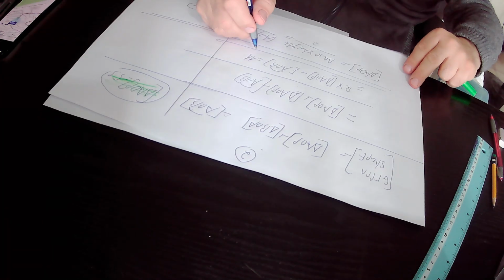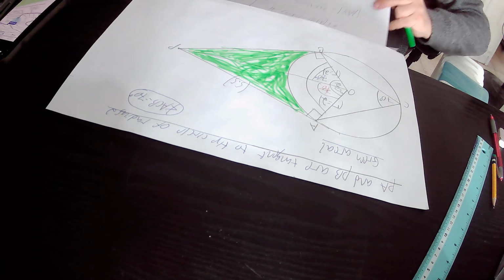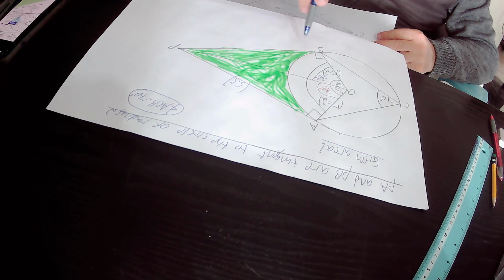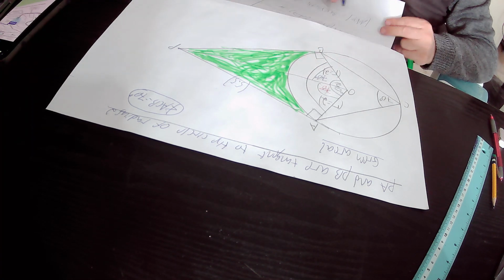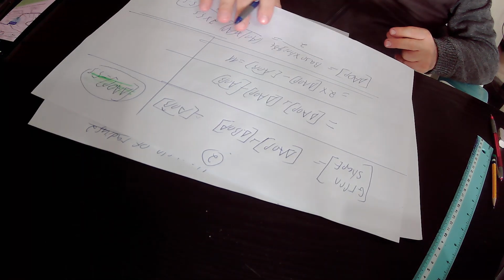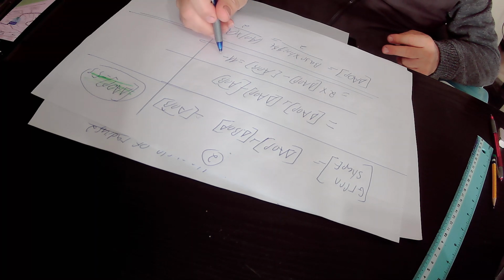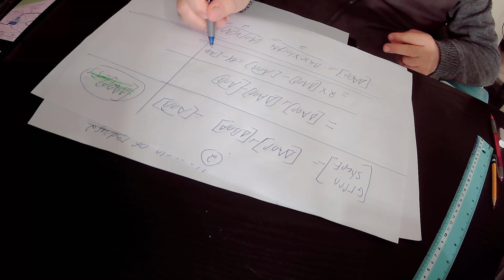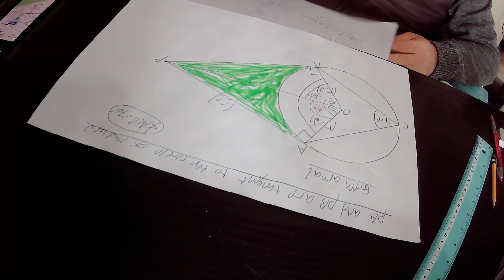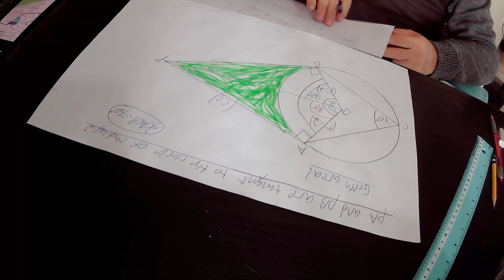So 11 square units is the area of quadrangle AOBP, and we have to subtract from the area of quadrangle AOBP the area of this sector AOB. So the area of the green shape in total equals 11 minus the area of sector AOB.